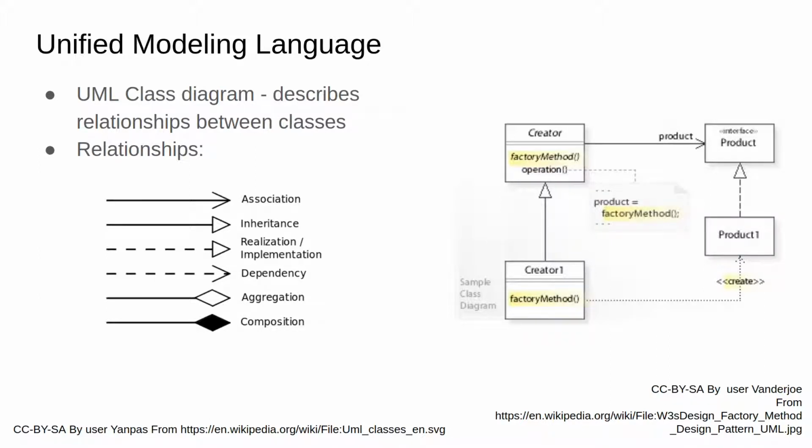Like, for example, if you look at this part, this is a class called Creator, and this is Creator 1. Okay, this arrow, this symbol says that Creator 1 inherits from that class. This is an abstract class.